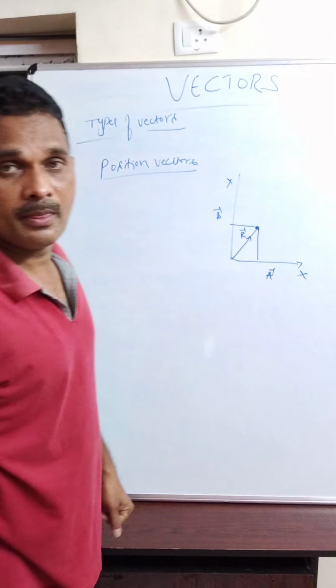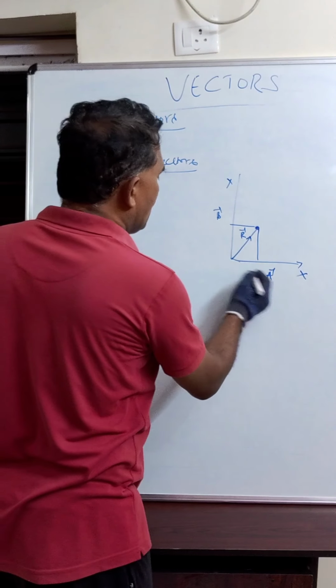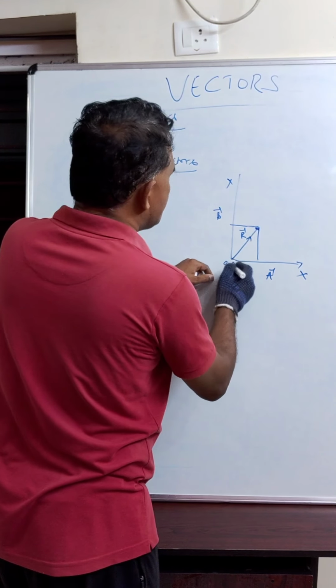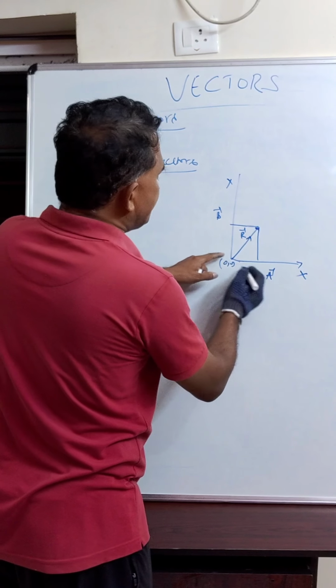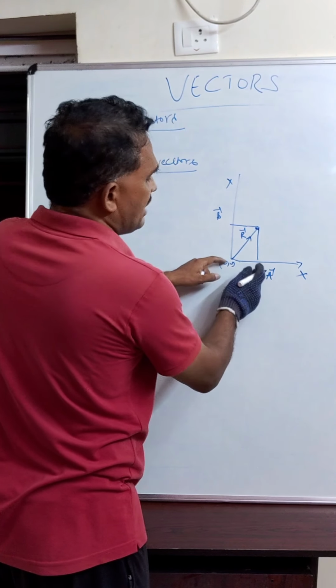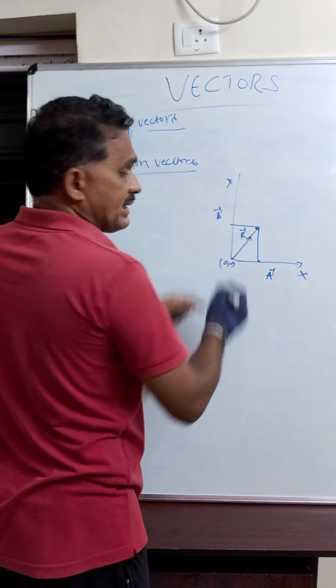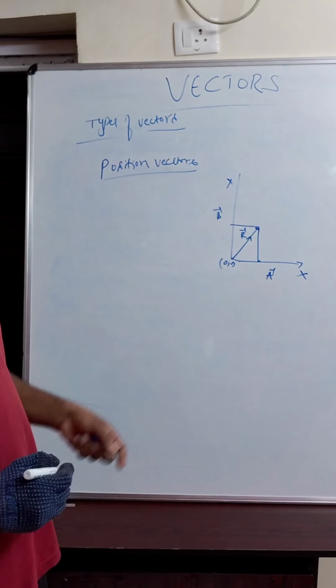Suppose this is the point on the x-axis. On the x-axis, this is 0, 0, the origin. This is the distance along the x-axis, and this is the point on the y-axis.